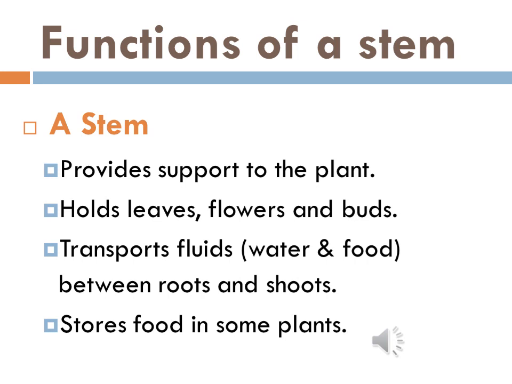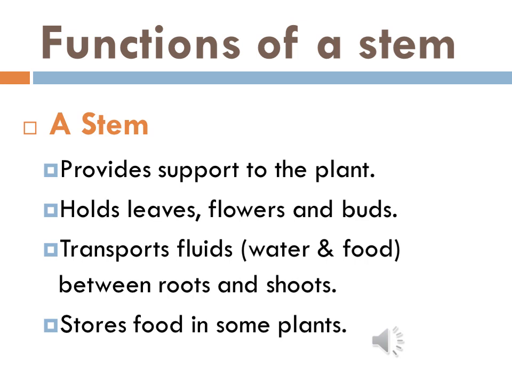Also, a stem keeps the leaves in the light. The stem always grows towards the light so that the leaves get maximum light to prepare their food. And as a secondary function, some of the stems store food.